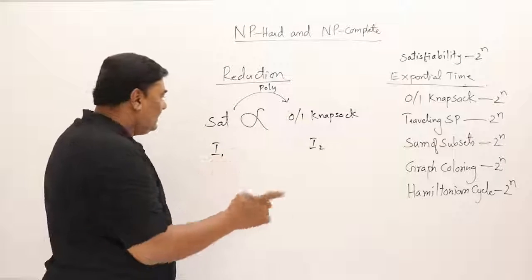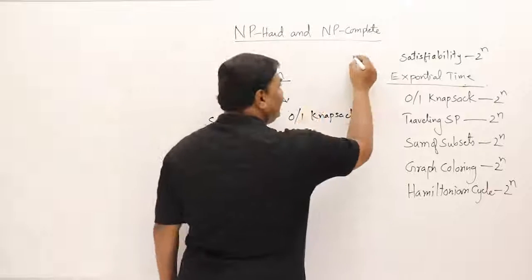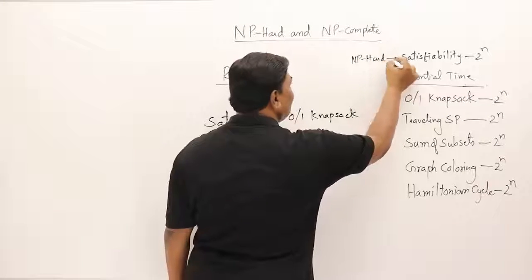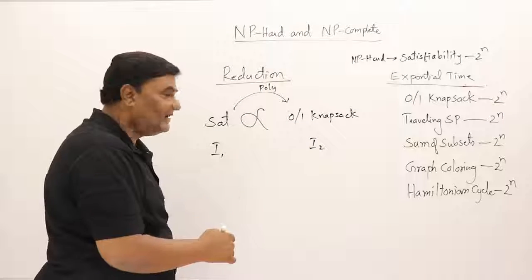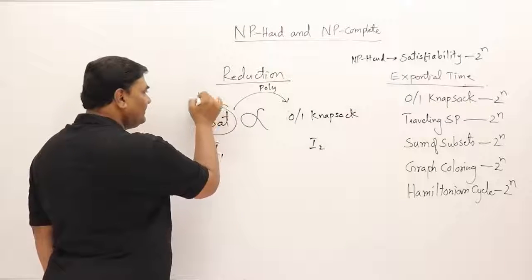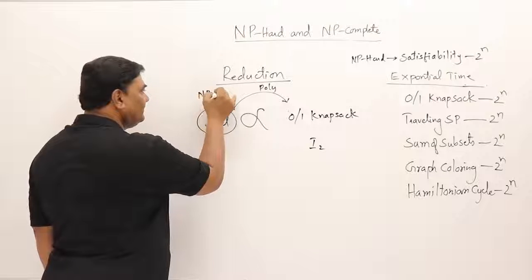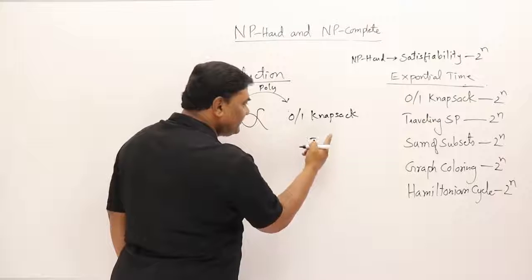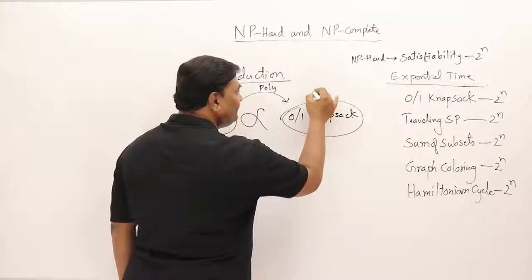Next, I said that this is NP hard. Let us call it NP hard. Satisfiability is NP hard, right? If satisfiability is reducing to the 0-1 knapsack problem, then this also becomes NP hard.